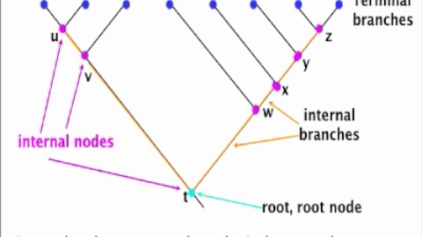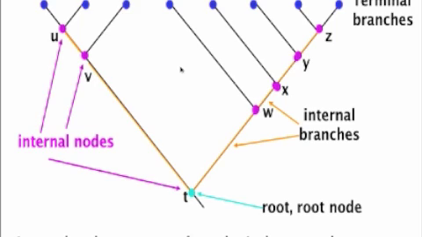A node represents a point in the tree at which there's some change in the branching in the tree. If we're at the end, when the branch ends, that is in modern times, they're called terminal branches that go to terminal nodes. And then any of the other nodes are called internal nodes, and any of the other branches are called internal branches.